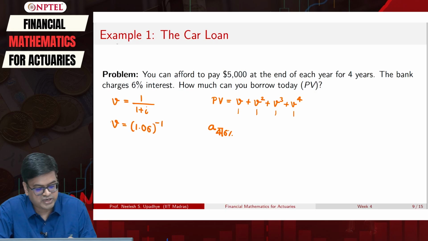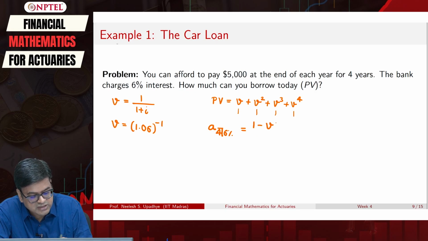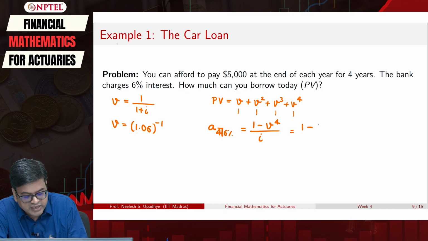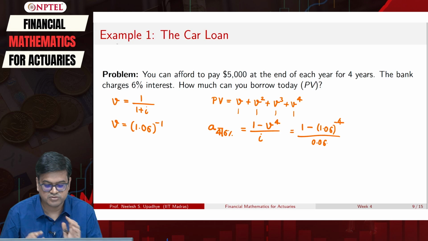So this should be very clear in my mind, and then when I put this a angle 4 at 6%, it will be 1 minus V raised to n, where n is 4, upon i. So this is nothing but 1 minus 1.06 inverse raised to 4, upon 0.06, okay, and whatever that answer comes should be my answer.